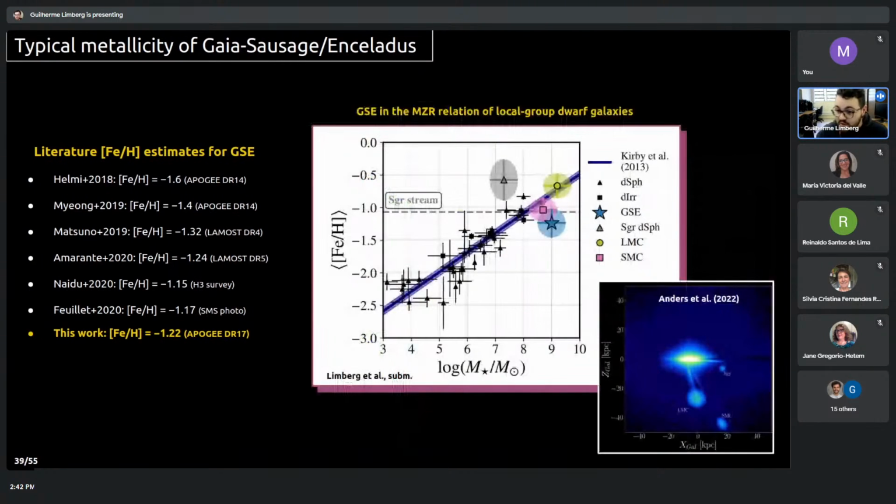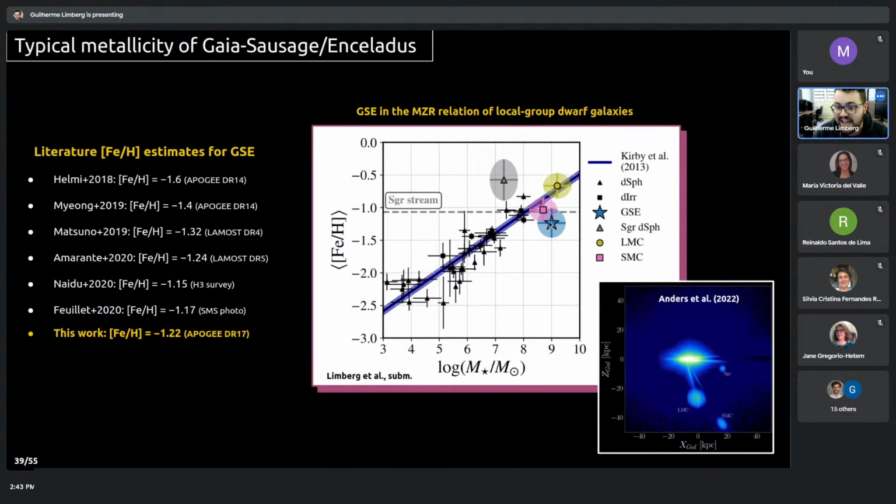From this typical metallicity that we derive from the APOGEE survey, we can actually plot this galaxy in the stellar mass metallicity relation of Local Group dwarf galaxies. And we can utilize APOGEE not only to determine the metallicity of Gaia-Sausage, but also to determine the metallicities for both the Magellanic Clouds as well as the Sagittarius dwarf spheroidal galaxy.